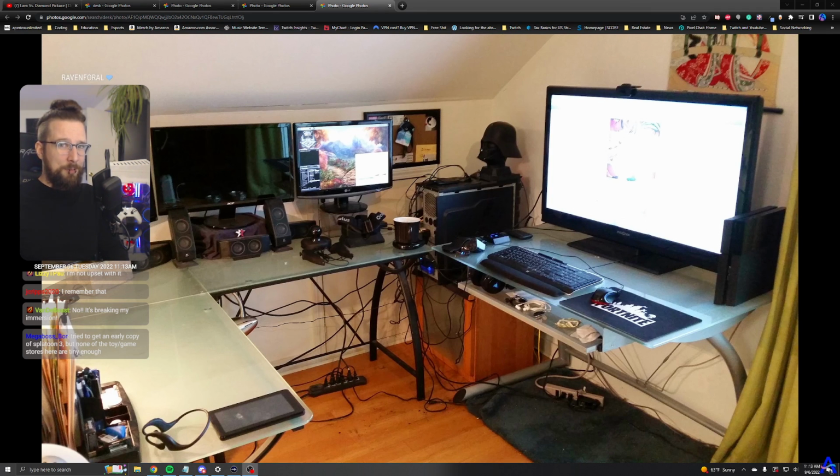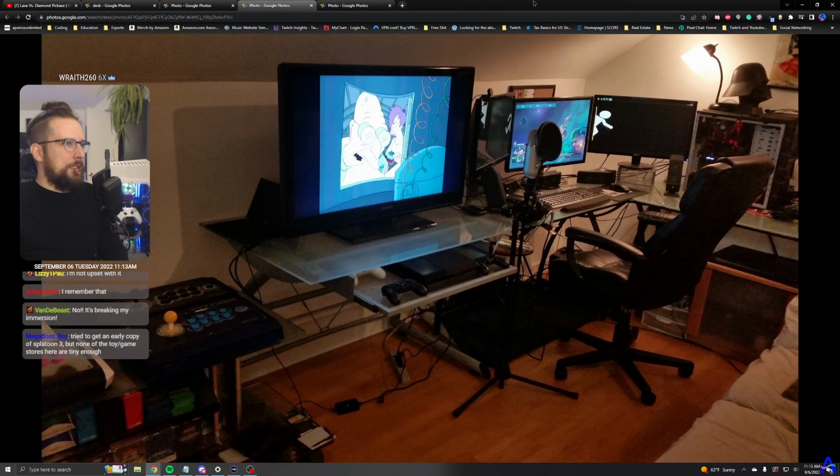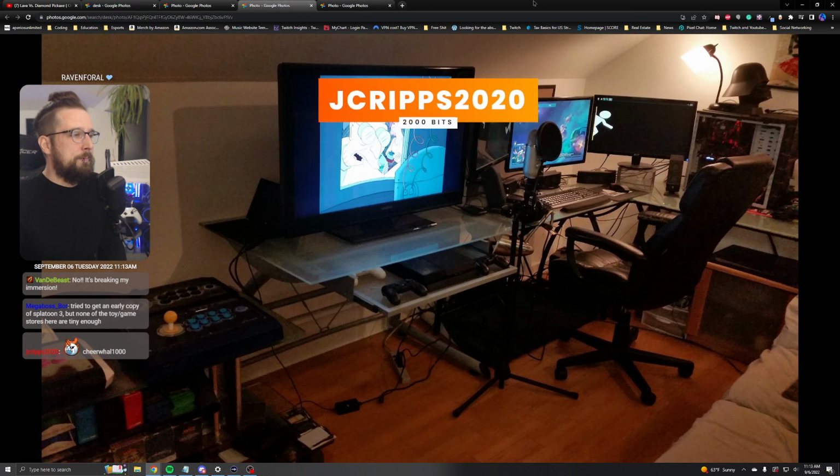Actually, I replaced them with black versions of basically the same things. And then the secondary desk setup, I just kind of opened it up so we could have more people over for Magic and fighting games and various other things like that. You can't tell, I own four. I gave one away to a friend that needed a fight stick, but I owned four fight sticks at the time.